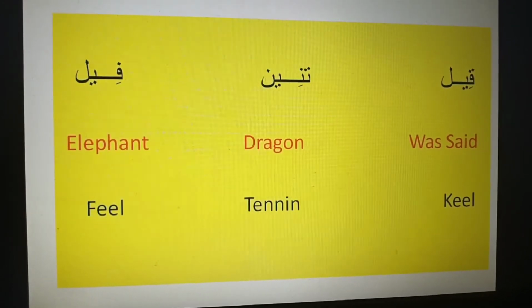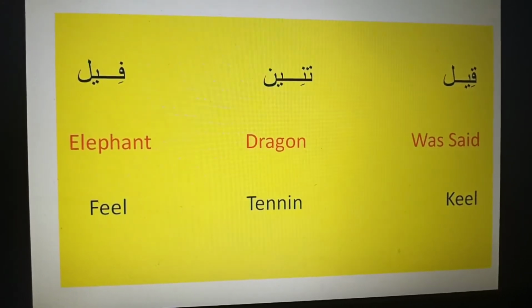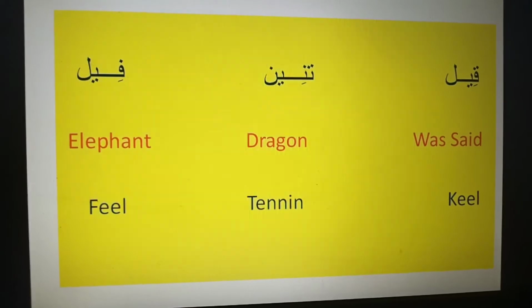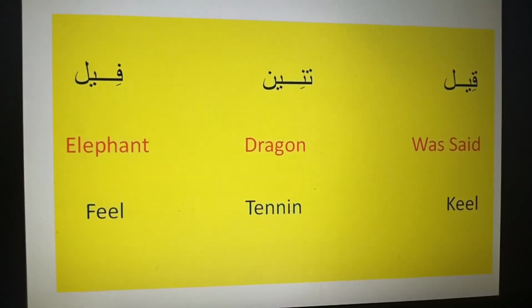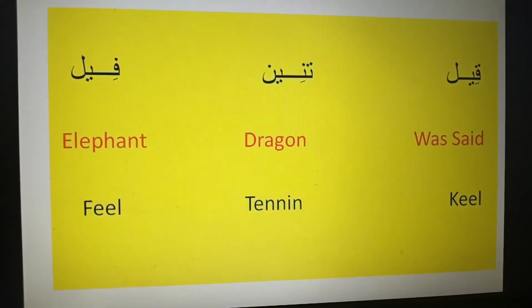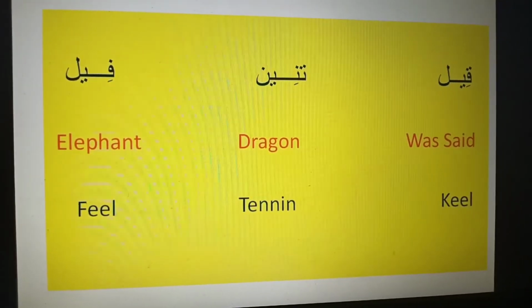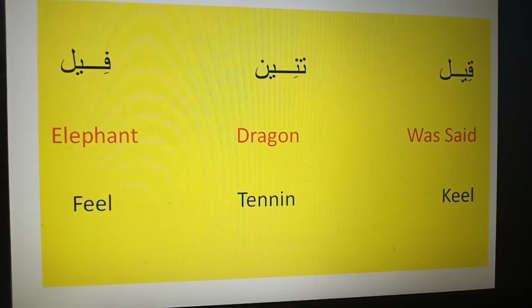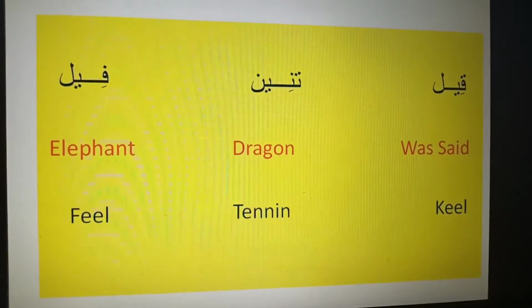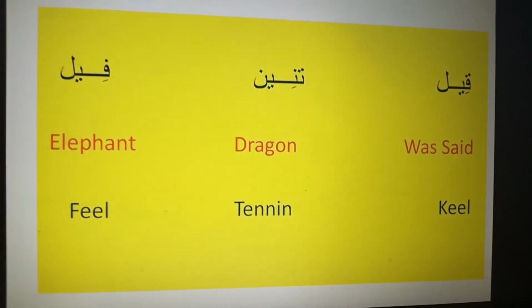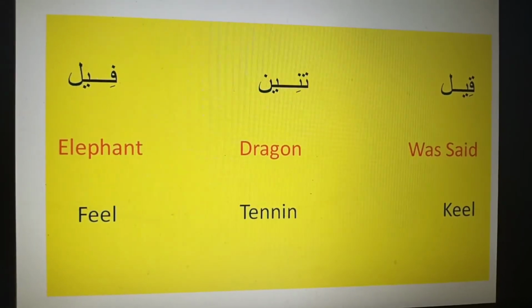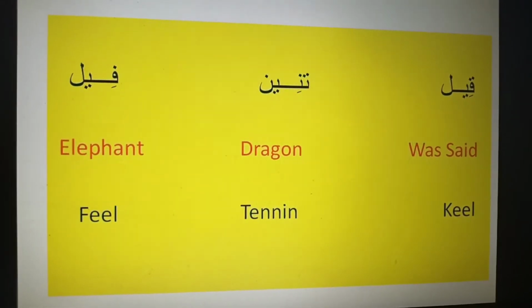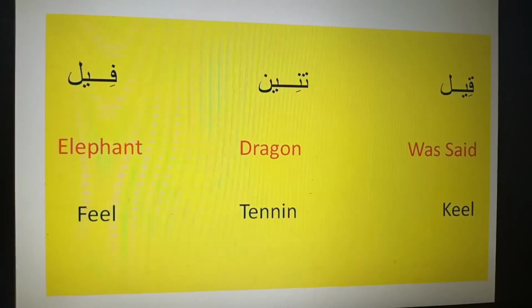Sorry, Noon stands for N. So let's pronounce it another time. I'm so confused now. Tinin, T stands for T, and Noon stands for N.